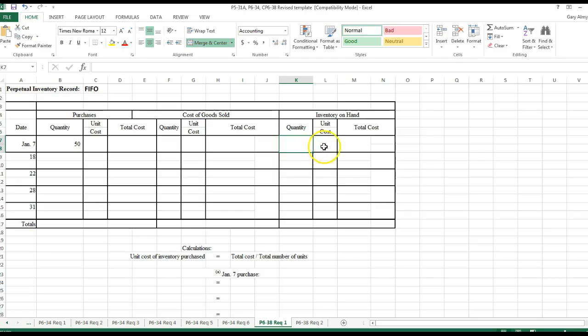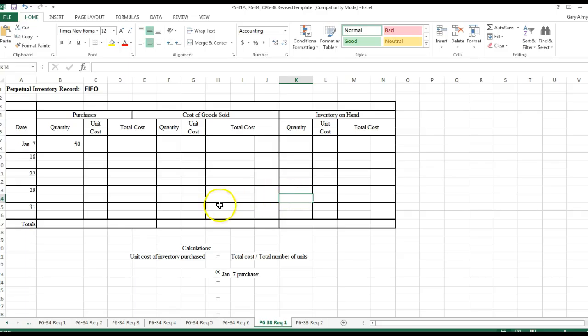Well, if we've kept our inventory on hand here, we've kept a record, we're going to have a certain inventory on the 28th. What they're telling you is that when they do a physical count of inventory, there's 50 units. You want to take the difference between what the physical inventory says, the 50 units, and what you have as a quantity of inventory on hand as of the 28th.